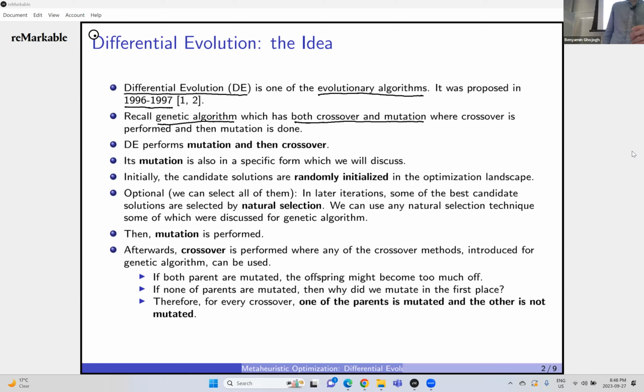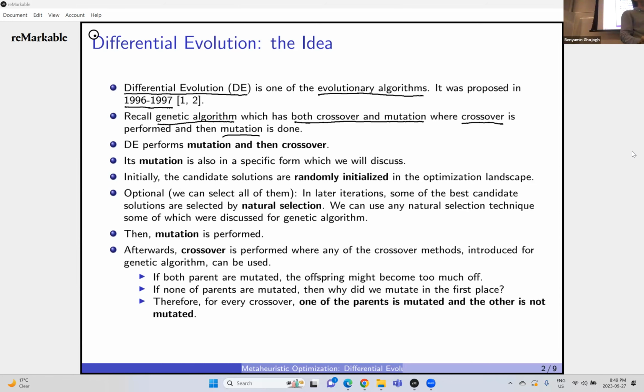So there are at least two differences between differential evolution and genetic algorithm. One difference is that genetic algorithm, do you remember, applies crossover and then does the mutation. So the order is different in differential evolution. We first mutate and then we crossover. You might say this difference is not big because when you are in a loop, whether you do crossover then mutation, or mutation then crossover, they have the same effect because the end of this loop is the start of the next loop.